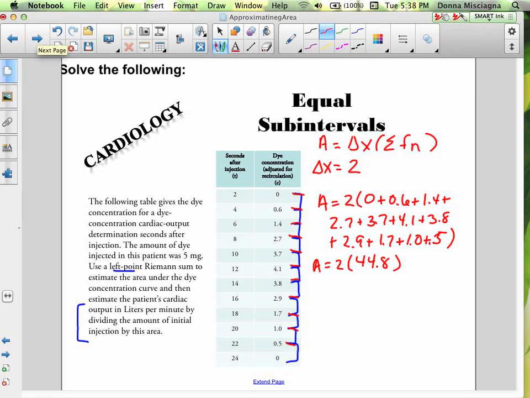So we multiply those together, and that would be 89.7. No, oh, no, I'm sorry.